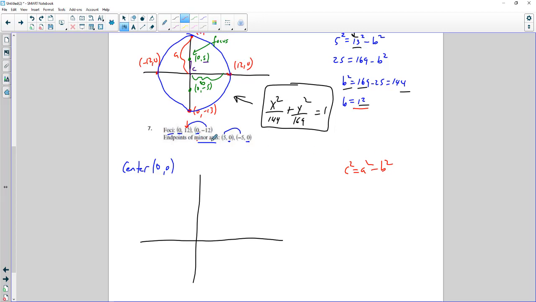Now, because the endpoints of the minor axis, which are also called covertices, are 5 away from the center in either direction, we know that b will equal 5, which means b squared is equal to 25. So what I really have here is 12 squared is equal to a squared minus 5 squared.